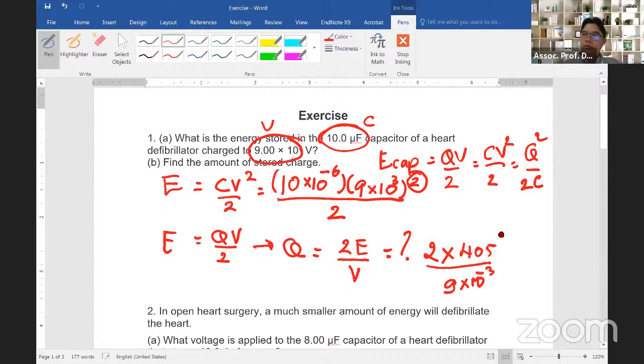Don't forget about this one. So it should be 9 millicoulomb here. Don't forget it. Thanks, correct, correct.